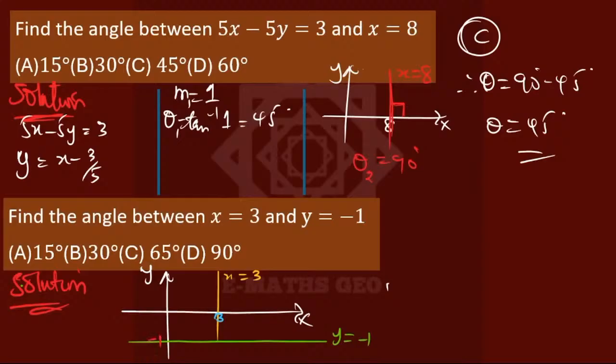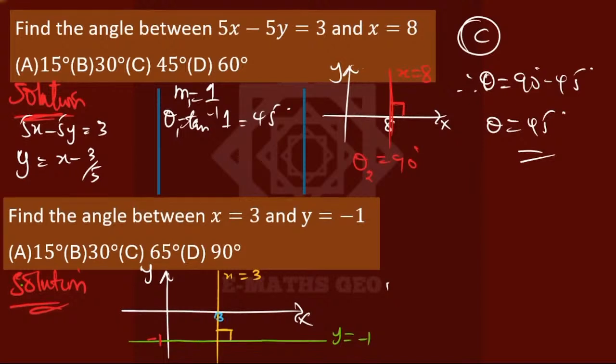Notice that the two lines meet at an angle of 90. So we extend this, and the angle is 90. So that should be option D. That's how we find the angle between two lines.